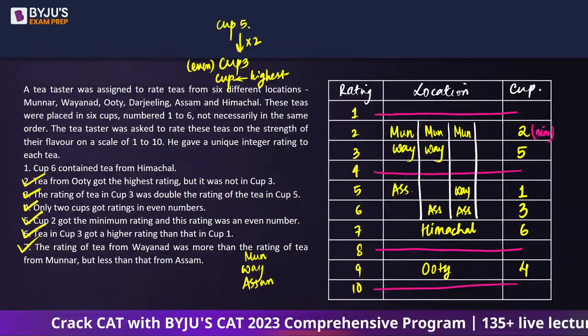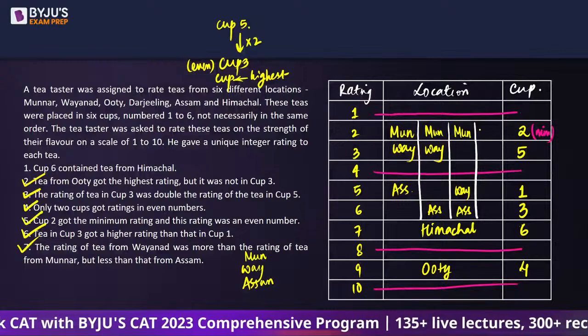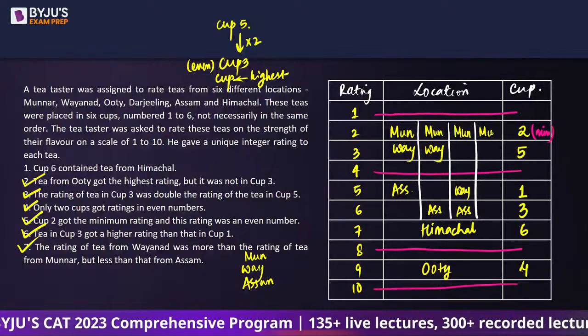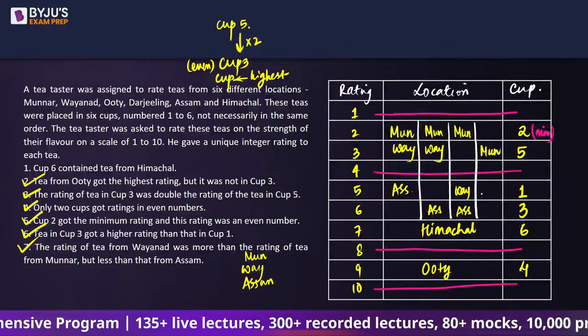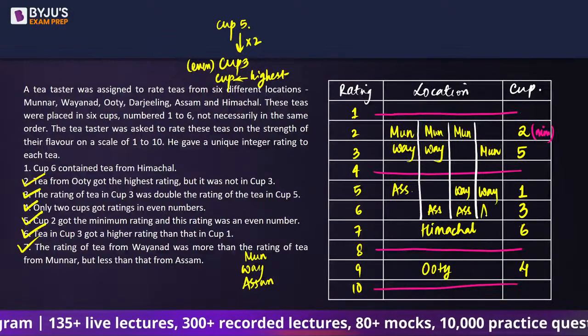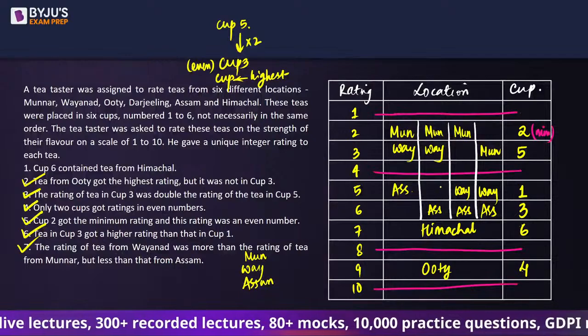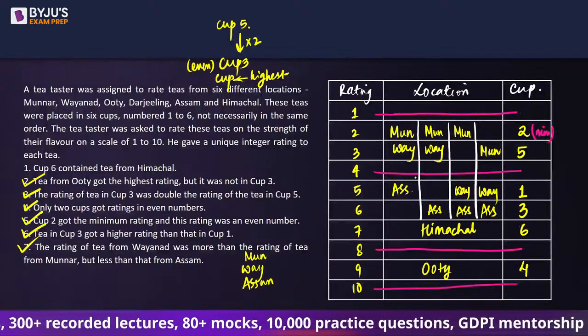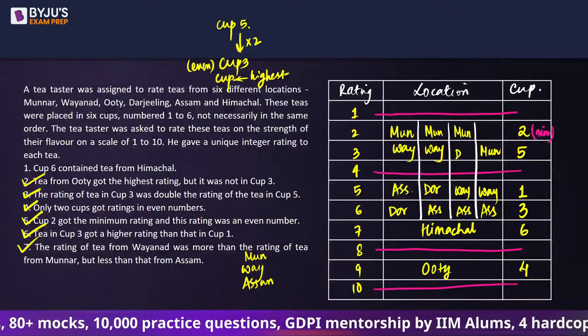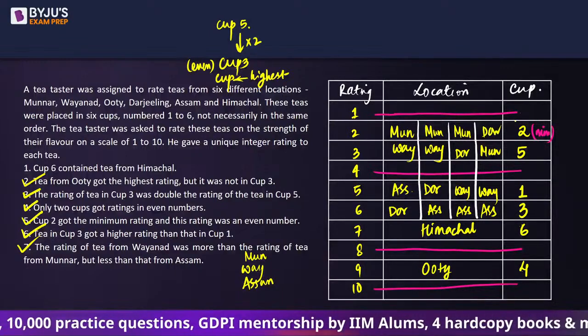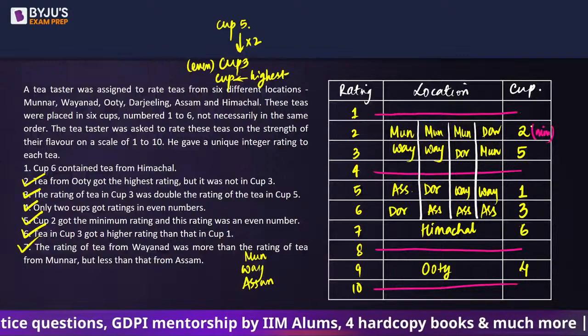And the fourth possibility being Munnar at the next location, because all the Munnar ka 2 is done. Munnar, this is going to be Wayanad, and this is going to be Assam. So the leftover is Darjeeling. So we can have Darjeeling here, here, here, and here. So we have 4 possibilities from here.